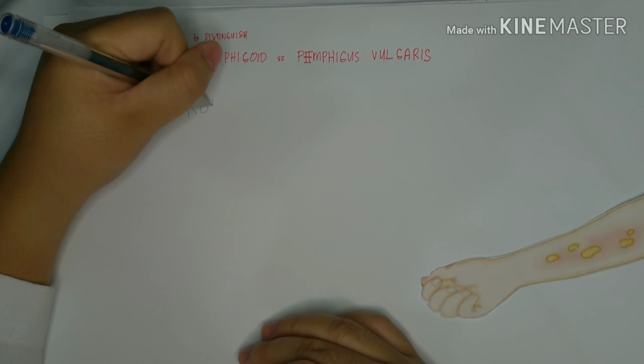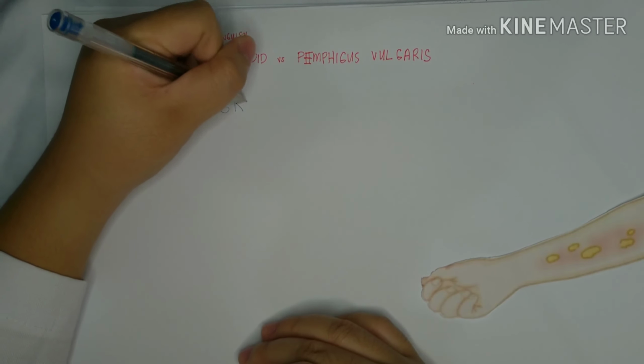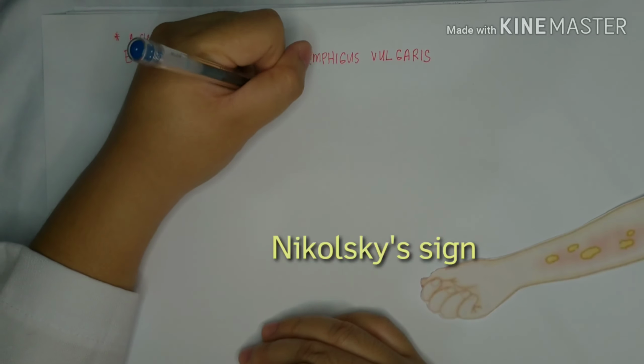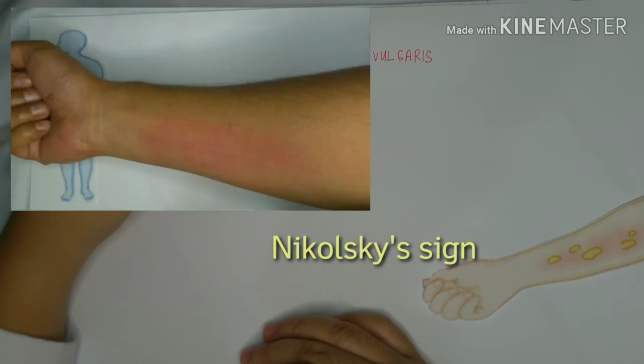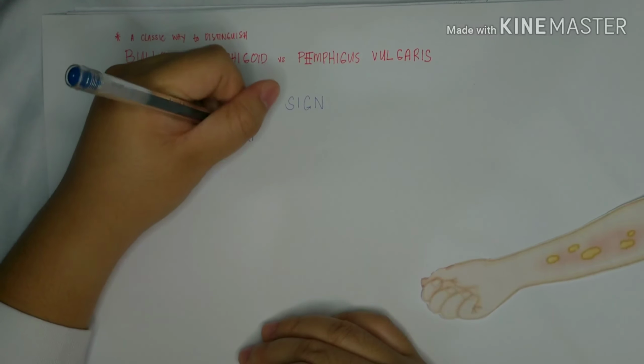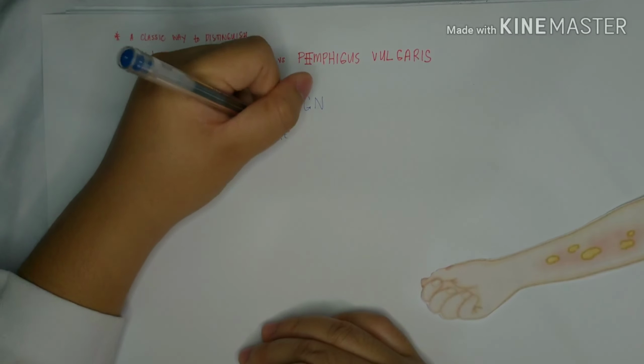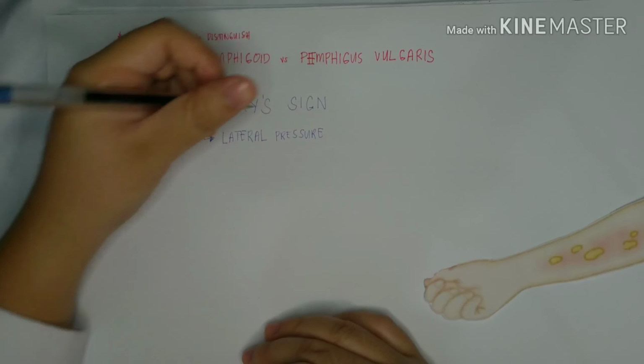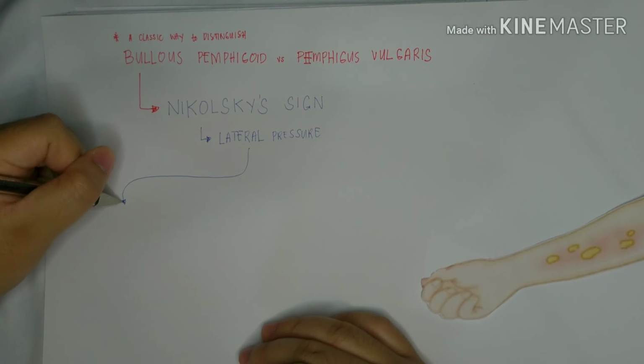A classic way to help distinguish Bullous Pemphigoid from other diseases like pemphigus vulgaris is the Nikolsky sign, which is when lateral pressure is applied to the lesion and it causes a split to form between the upper and the lower layers of the epidermis.